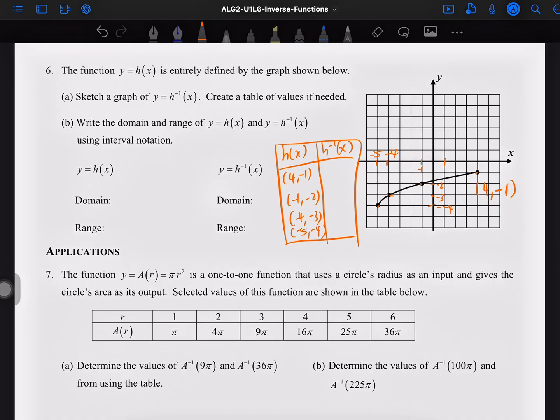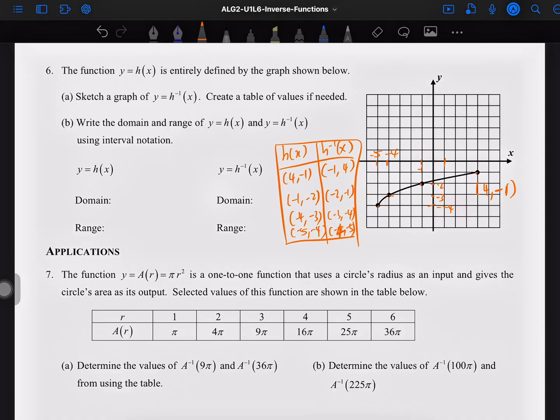Then you need to reflect it, or invert it: (-1, 4), (-2, -1), (-3, -4), (-4, -5).